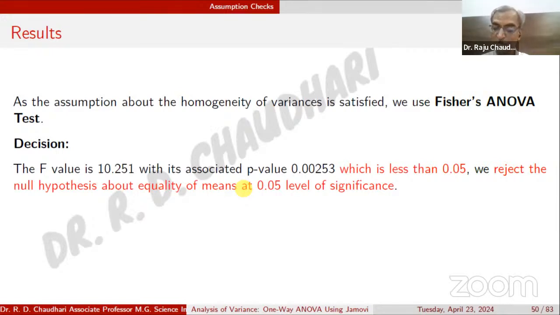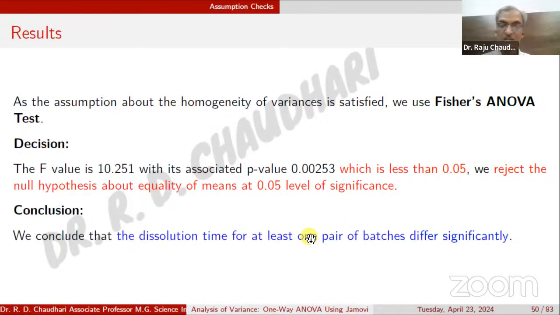Now since means are significantly different and your null is rejected, we have to go for post hoc comparison. Post hoc comparison is applicable only if the null is rejected.